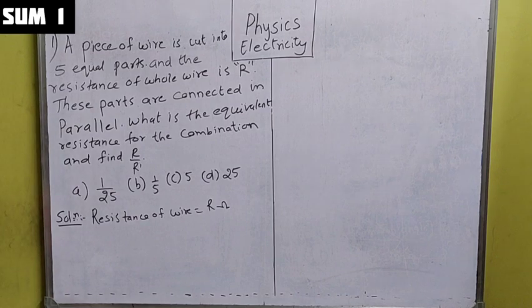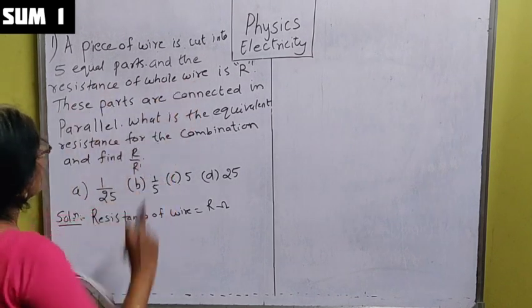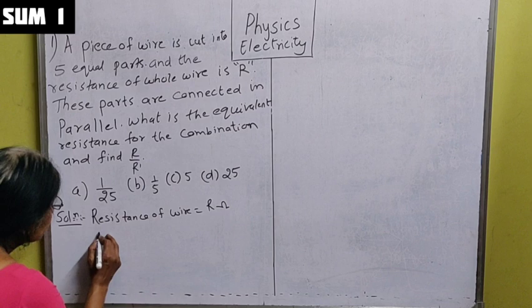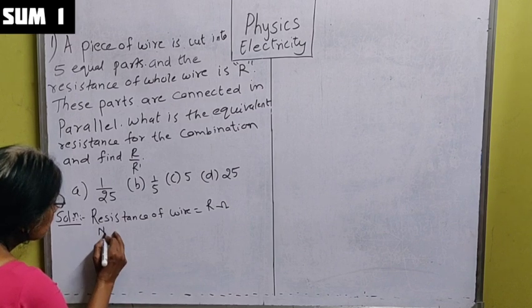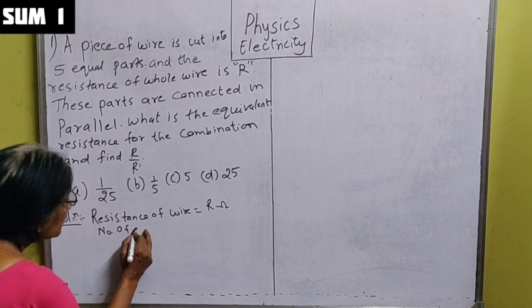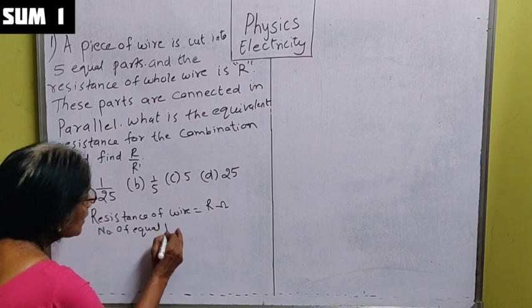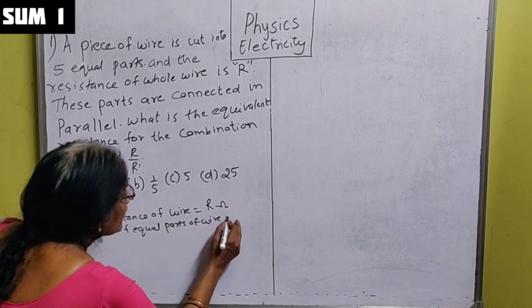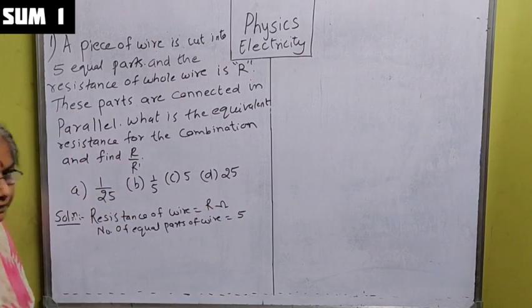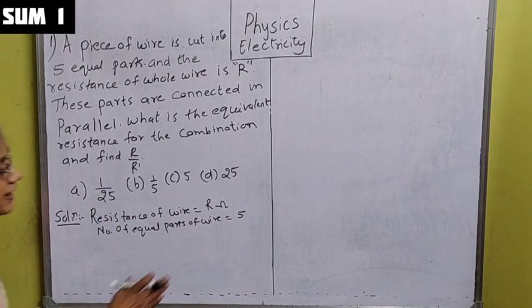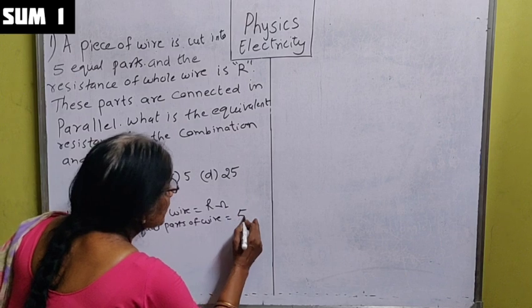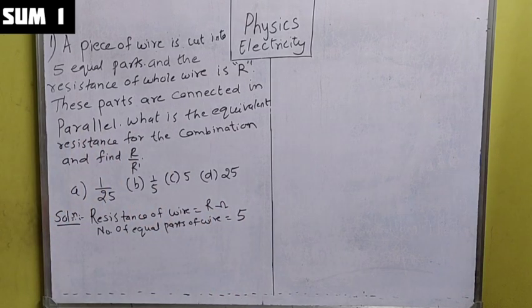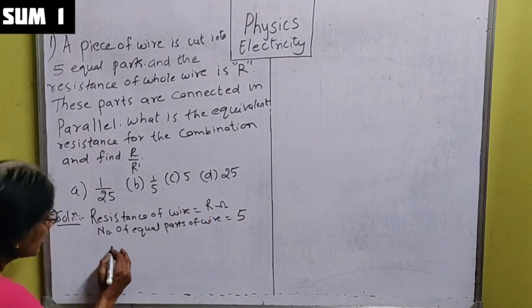This wire is divided into how many equal parts? Number of equal parts of wire is equal to 5. So what will be the resistance of each wire?